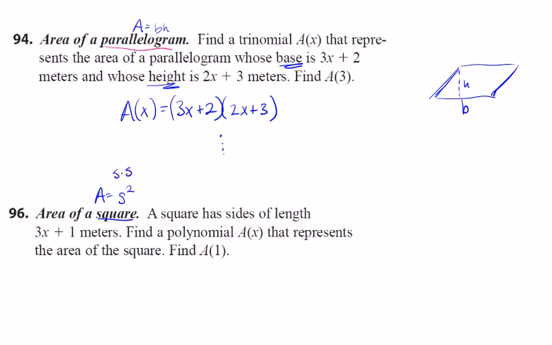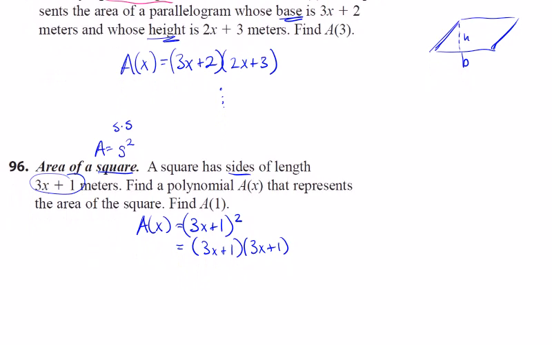Since our side has a length of 3x plus 1, our formula for A of x is going to be 3x plus 1 squared. And remember that all that equals is just 3x plus 1 multiplied by itself. So we're really just going to be doing some FOIL, and so we would just multiply 3x times 3x and 3x times 1 and 1 times 3x and so forth.